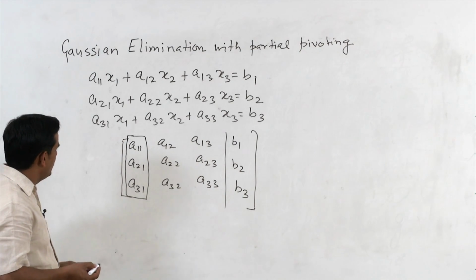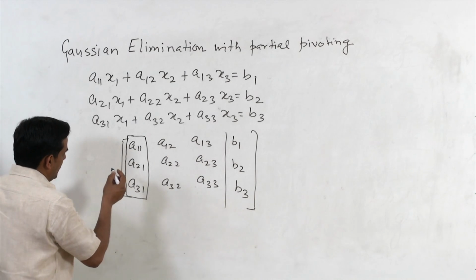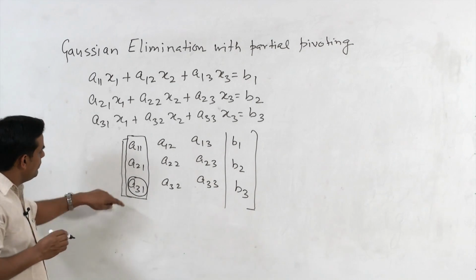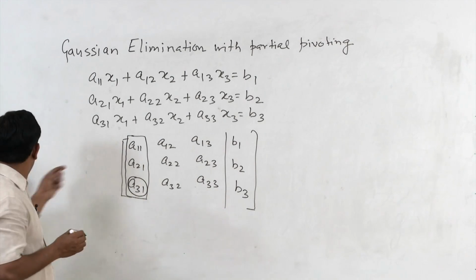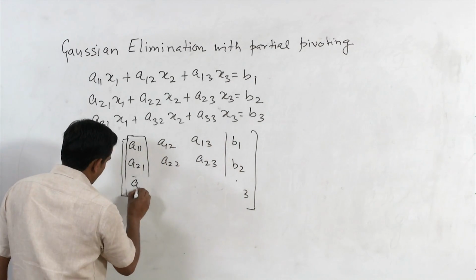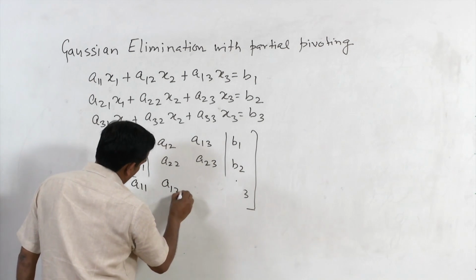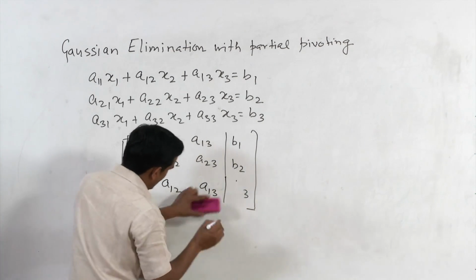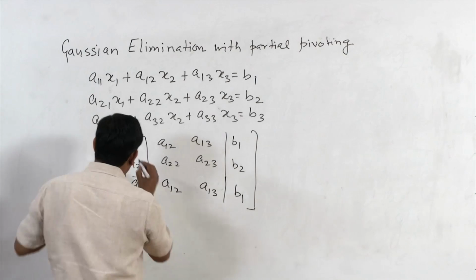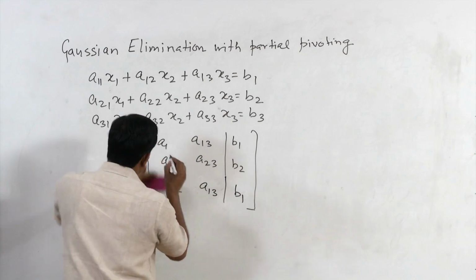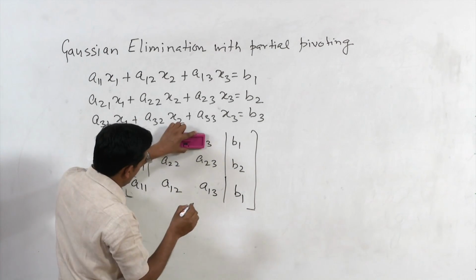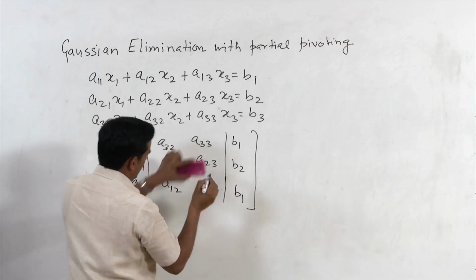After doing this, let us assume that the maximum element is a31. So, I will interchange my third equation with first equation. So, my augmented matrix will become a31, a32, a33 equals b3 in the first row, and a11, a12, a13 equals b1 in the third row.